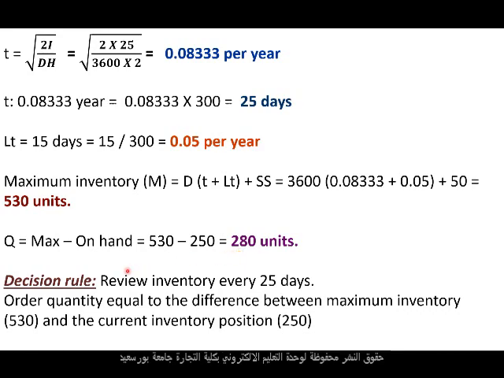The conclusion of this exercise: review inventory every 25 days, and the order quantity equals 280 units.